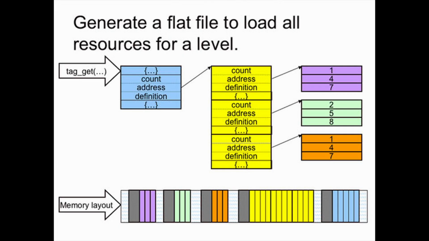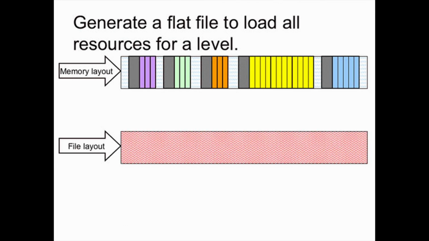Now those gray little blocks right there represent the overhead of the memory manager to track all these heap allocations. And so what we can do, because we have the tag layout, is walk all the loaded tags after we've loaded a level and stream out that memory into this one giant flat file.